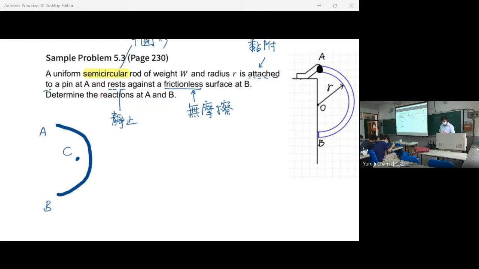Now, what forces do we have here? It has a weight, W. So we need to draw the weight on the free body diagram from the center.